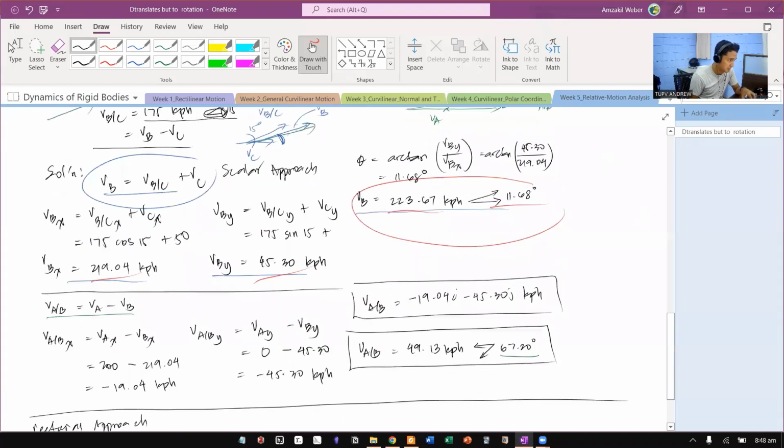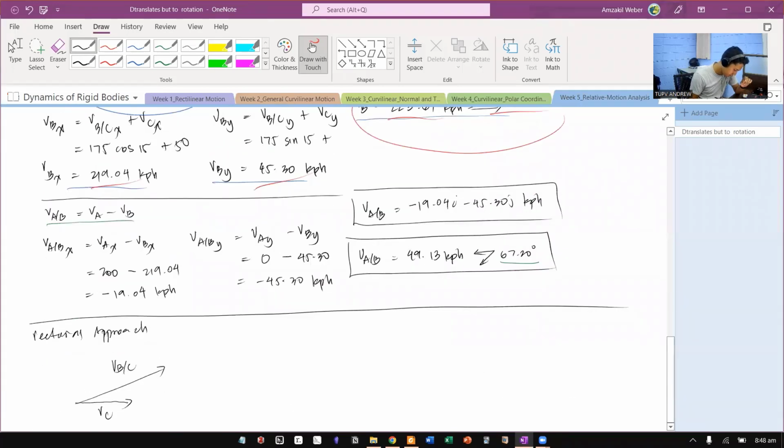VB/C is 175, and this is of course 15 degrees. Our first equation is the resultant sum: VB/C plus VC is equal to VB.